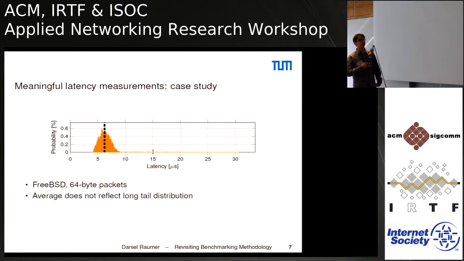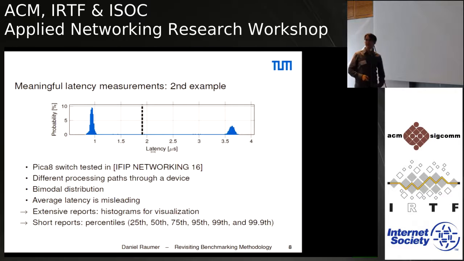So in this case, average may be okay, but if I go to an extremer example, what happens also in some devices, if packets have to travel through different paths in the device, I get some multimodal distributions, and in that case, the average seems to be ridiculous.